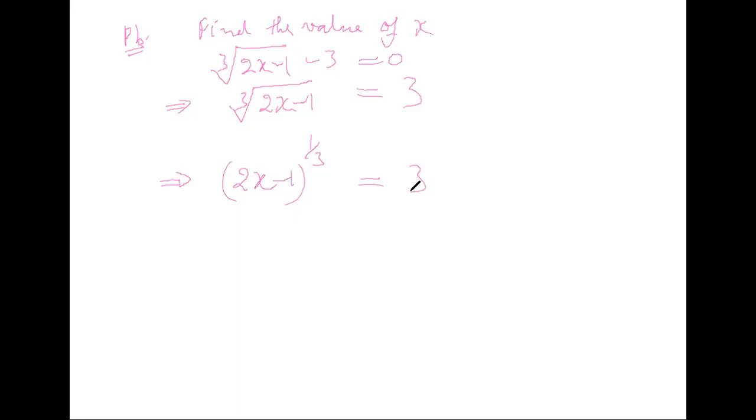Now, you tell me. Now this 1/3 I have to take to the other side. Yeah. This will become 3. When I have taken 1/3 to this side, it will become 3. 3 raised to power 3. So here only 2x minus 1. Very good.